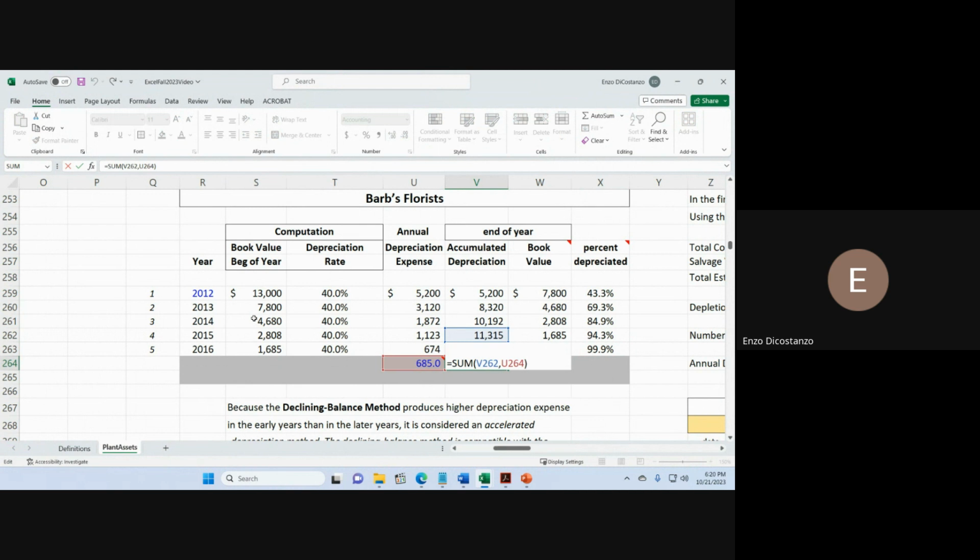That's your 12,000, right? Up to 11,000 for 15 and 685. The book is going to be, that's the 1,000 that you're looking for. There's your 100%.